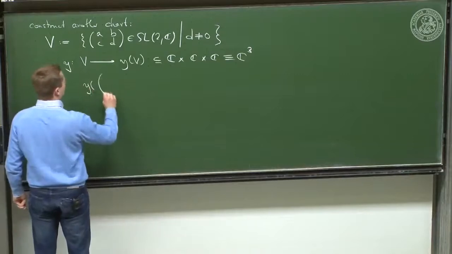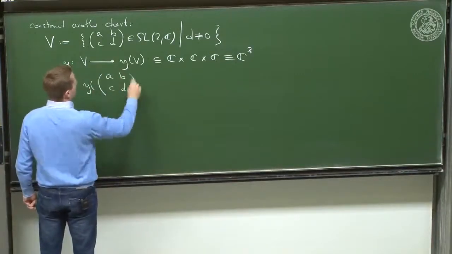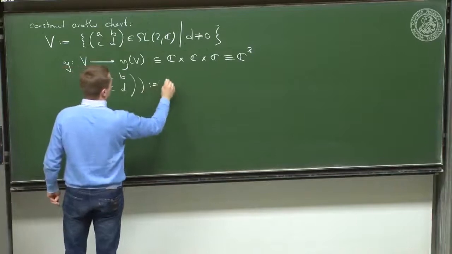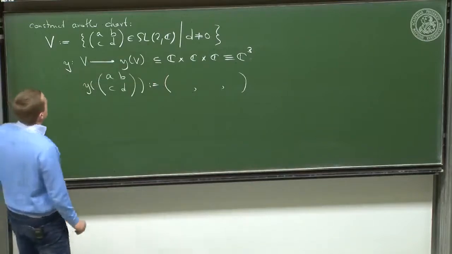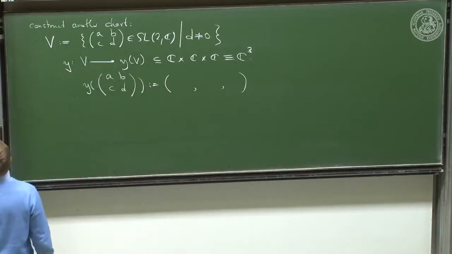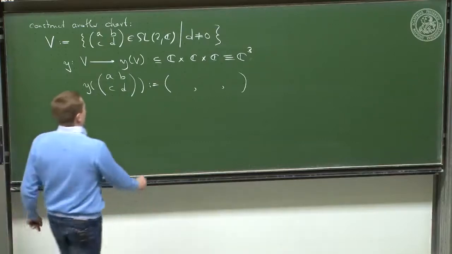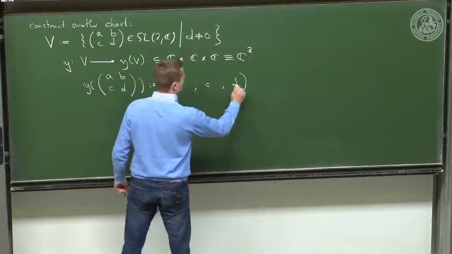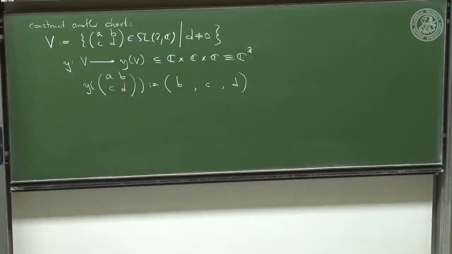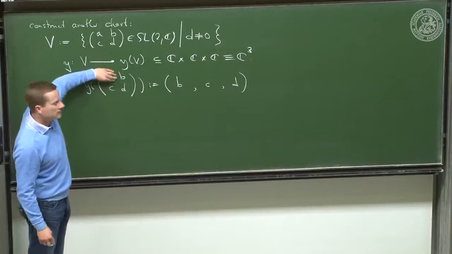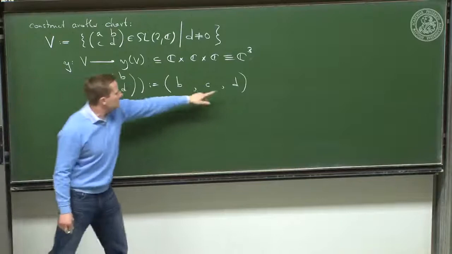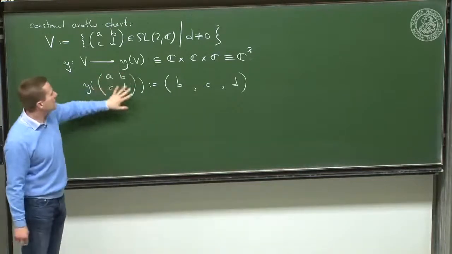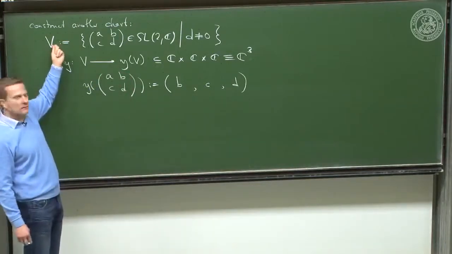I take the Y and I apply it to A, B, C, D, but only from the set V. And I define this to be the 3-tuple of complex numbers. Let me think, if the D, I divide by the D, then I get the A, so I can forget about the A. So I take B, C, D. Okay, so now I only look at B, C, D. I say these are the first, the second, and the third coordinate of this guy on this domain.